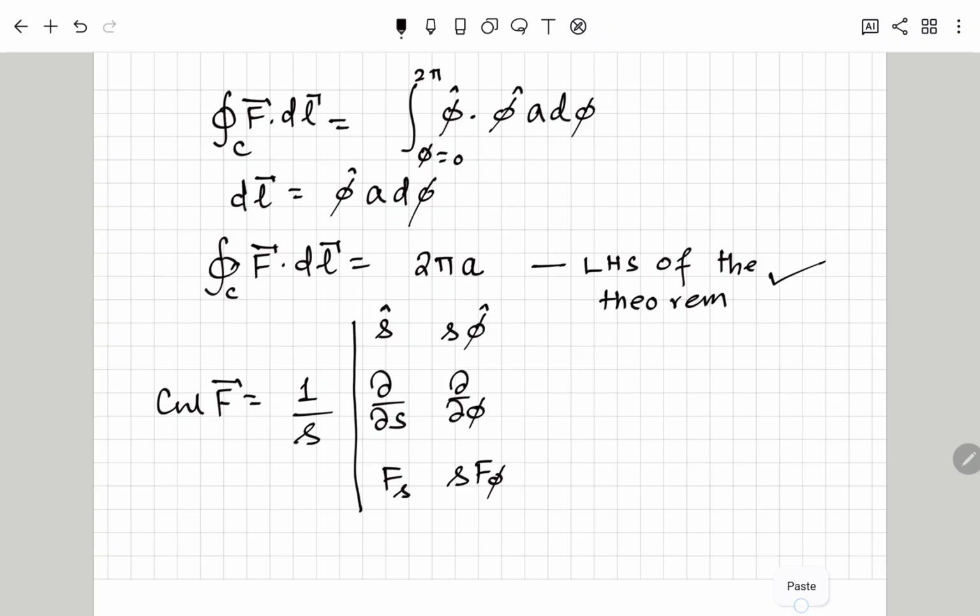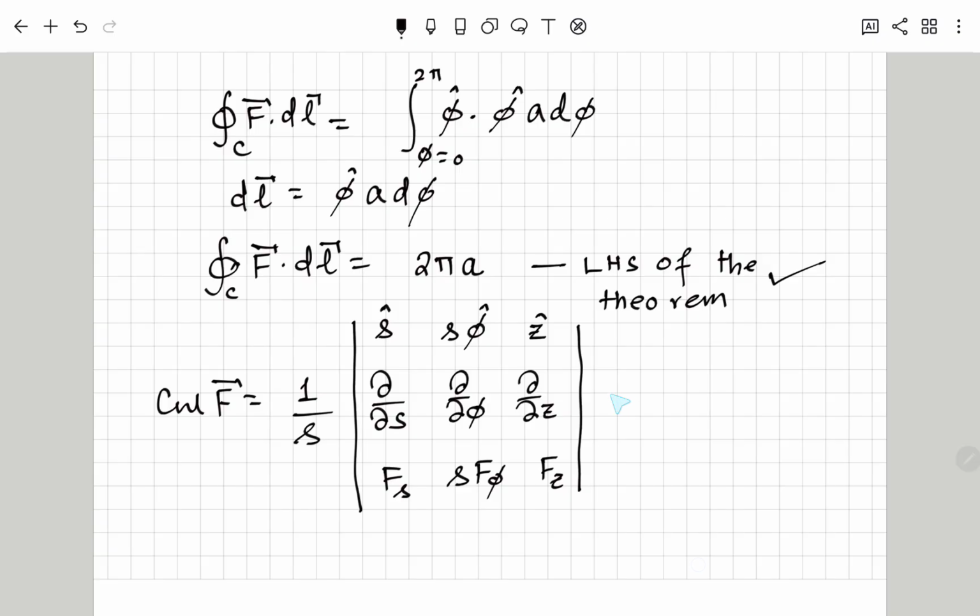Note that the scale factors for the cylindrical system are 1, s, 1 respectively. So the product of scale factors comes here, and scale factors are multiplied in the first row with each unit vector and also with the corresponding components of the vector field. So this is how a general expression of the curl of a vector field F looks in cylindrical variables.